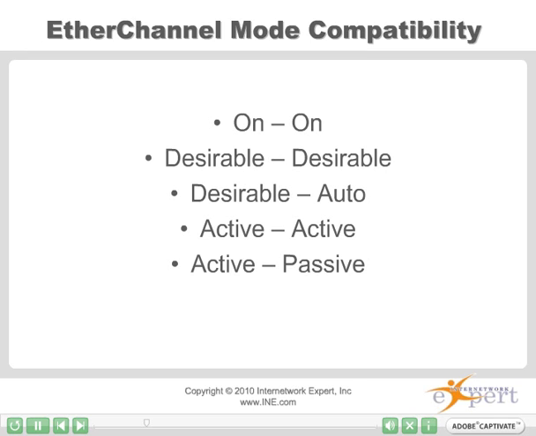Desirable and auto, that'll work, again, using Port Aggregation Protocol. Active-active will work. That will be a LACP configuration in which each side is initiating the EtherChannel. And finally, active-passive would work. We're using LACP on both sides, and one side is initiating it, the other side is just passively accepting it.